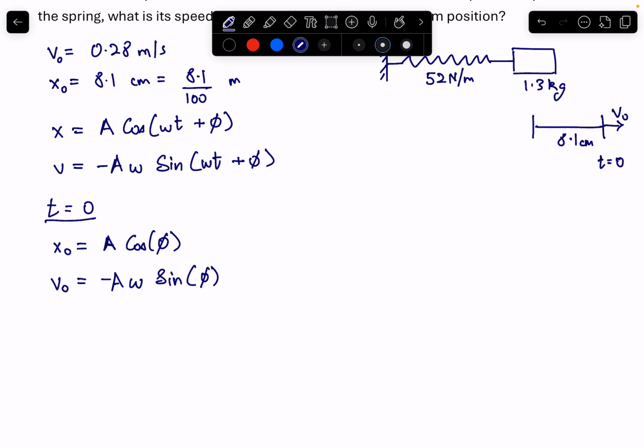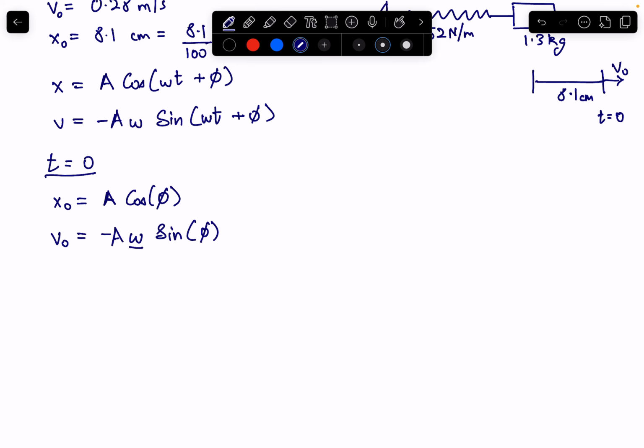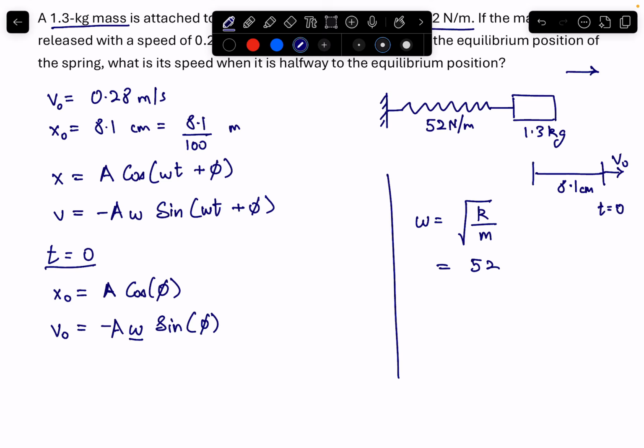Okay, so the first question is, what is omega? Let me do that calculation here. We know that omega is the square root of k divided by m, which in this case is 52 divided by 1.3. I will need to make that calculation because I don't have that value right now. 6.332.